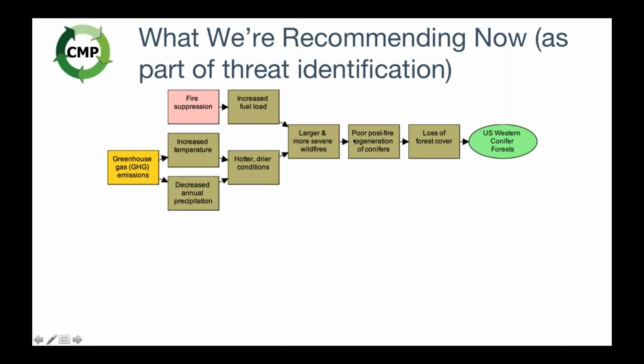And there's poor post-fire regeneration of the conifers, causing loss of forest cover, because in addition to the fire suppression, they've also got climate change. So these are the climate factors down here. So they've got increased temperature and decreased annual precipitation contributing to hotter and drier conditions. So those hotter and drier conditions combined with the increased fuel load contribute to larger and more severe wildfires.